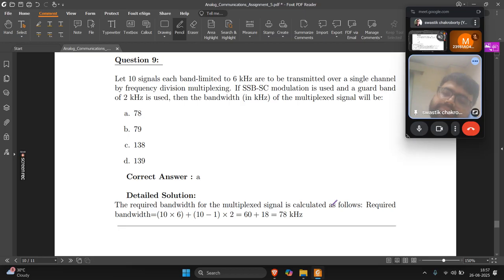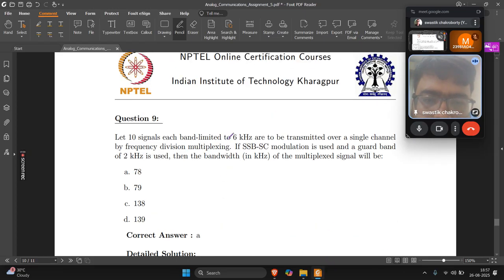Next. Let 10 signals, each band limited to 6 kHz, be transmitted over a single channel with frequency division multiplexing.